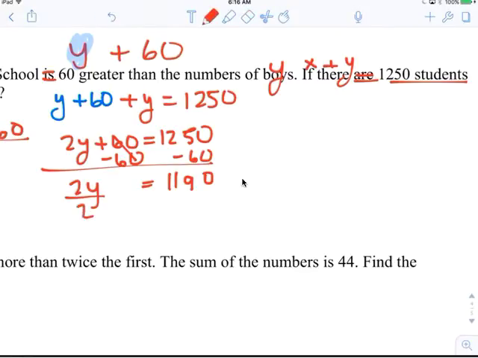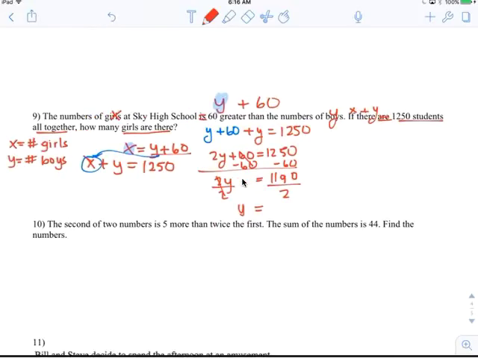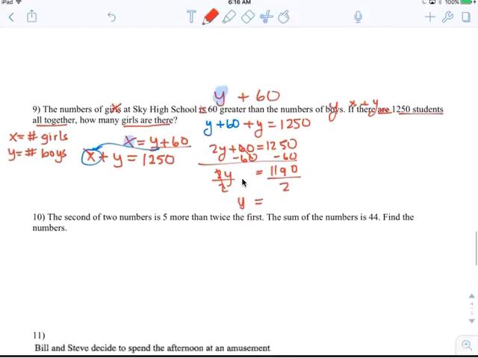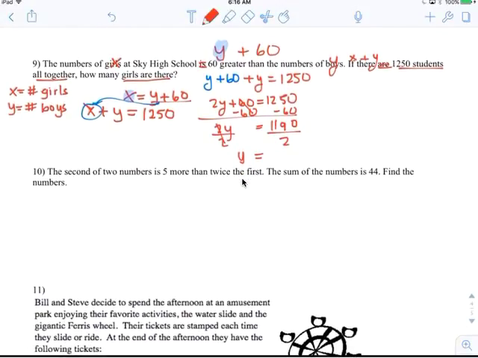Divide by 2, and you get the number of boys. And then you find the number of girls, which is 60 greater than the boys. Just add 60. They want to know how many boys and how many girls, so you can find the number of girls.